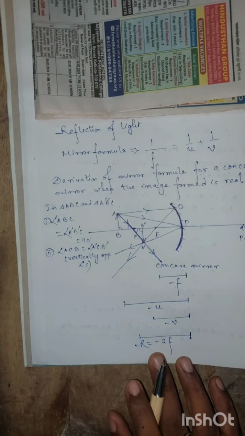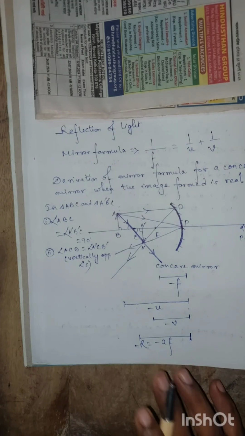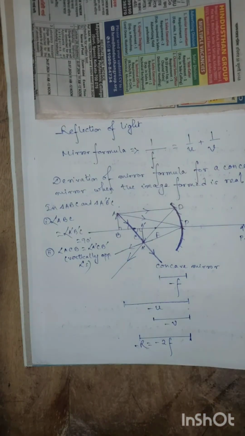So when two angles are equal, we can say the third angle will also be equal.